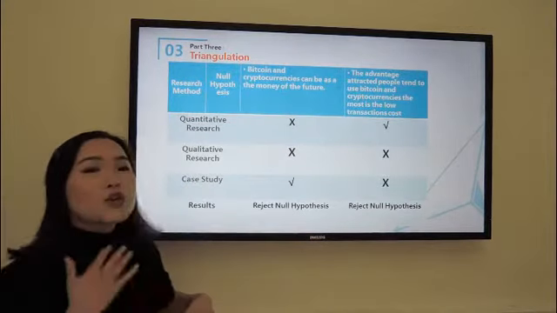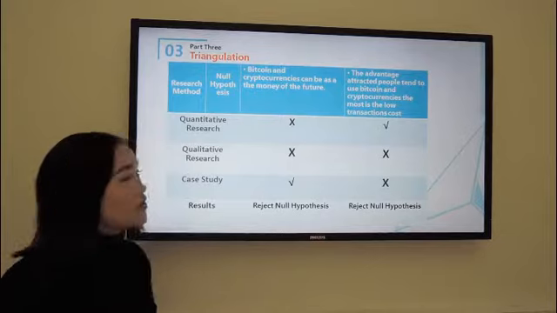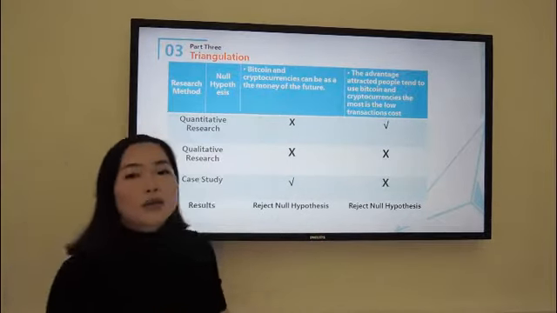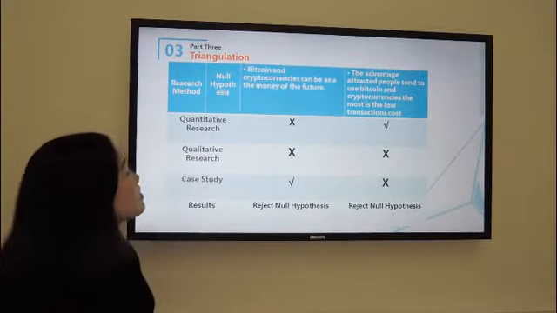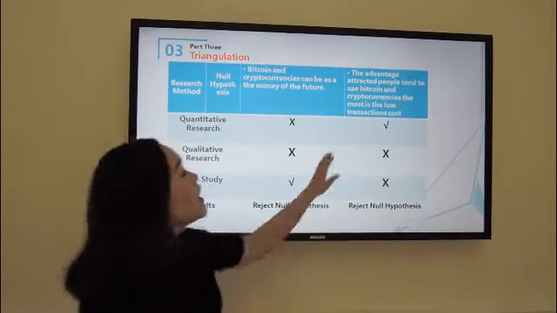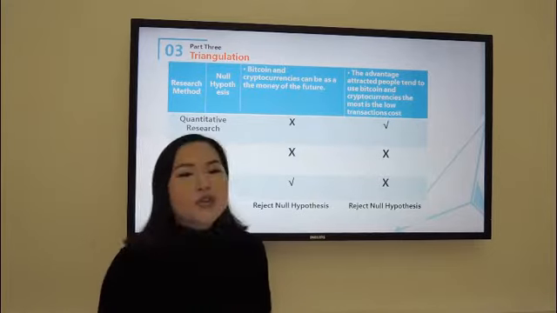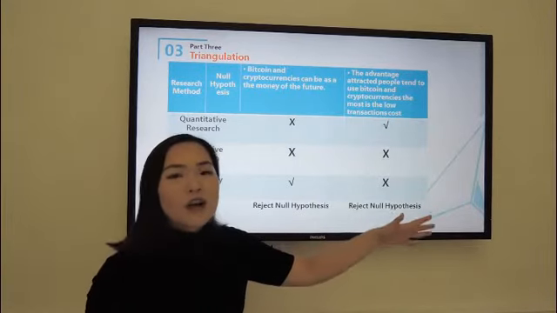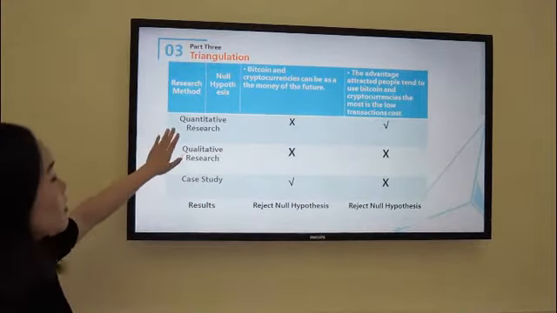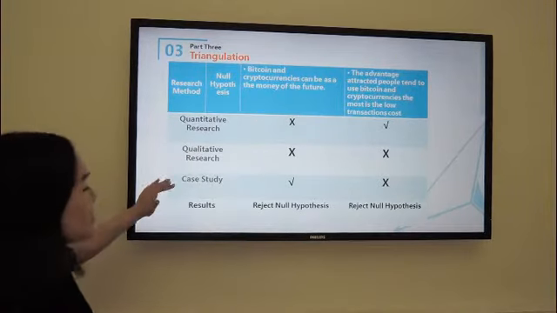First of all, I just want to quickly refresh what my hypotheses are. The first one is that Bitcoin and cryptocurrency can be the money of the future. And the second one is that the advantage that attracts people the most is its lower transaction costs. From there, we have primary research and secondary research.